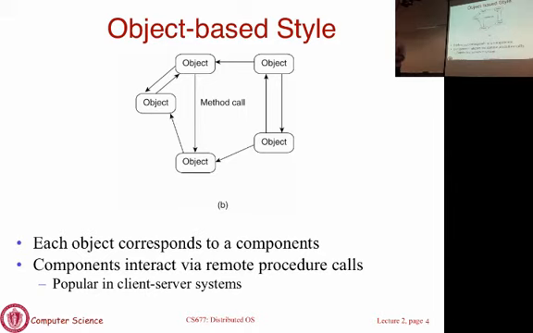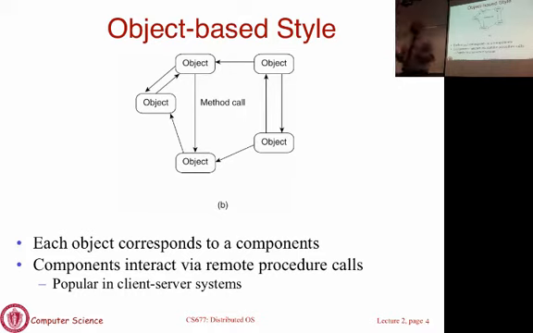The object-oriented approach is a different way of writing a distributed application. We'll also see several examples as we go along in this course. So in this case, the components of your distributed applications are written as classes or objects. Okay? Objects communicate with one another by calling methods on other objects. Okay?